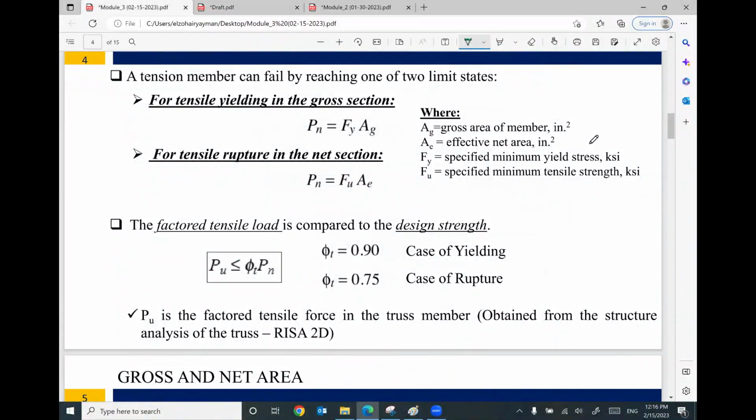Keep in your mind that we have a value called P ultimate. This value of P ultimate is the factored tensile force in the truss member obtained from the structural analysis using RISA.